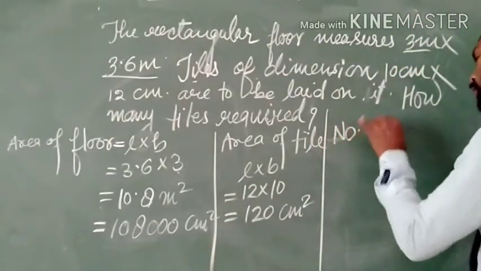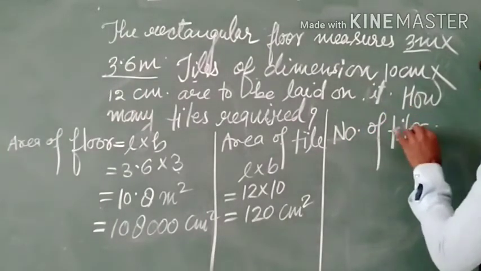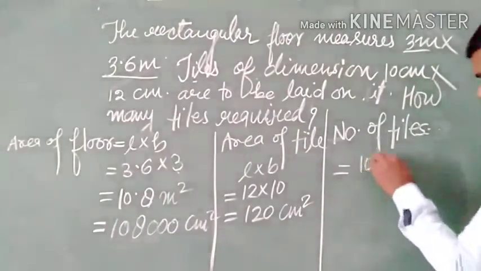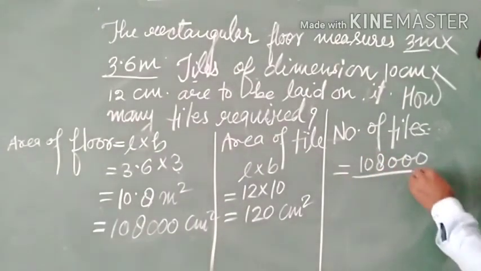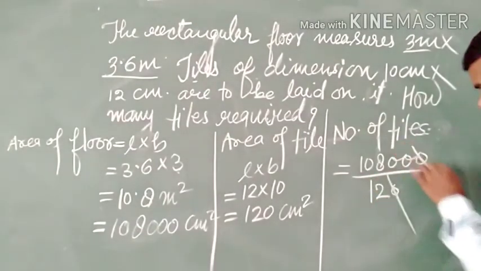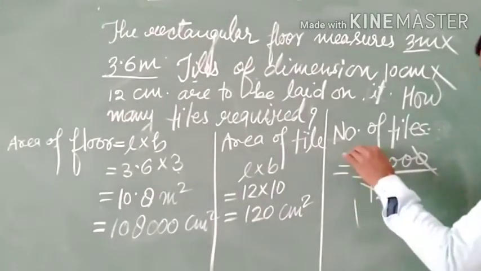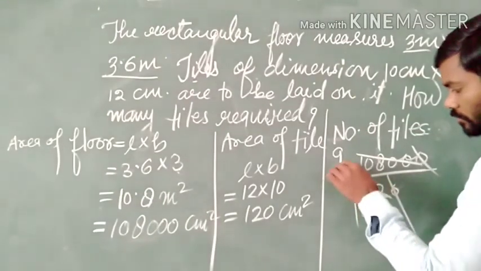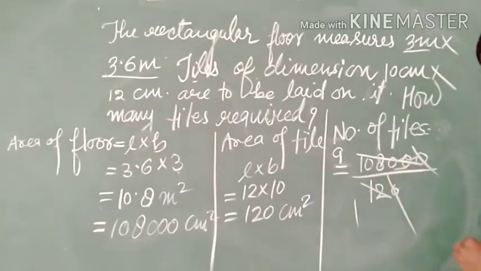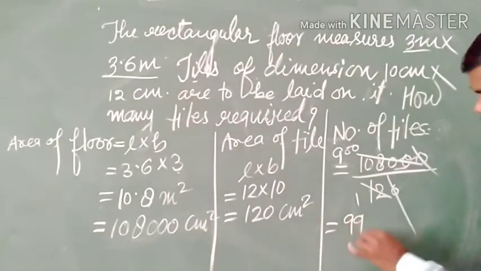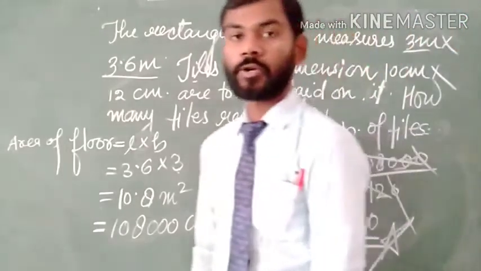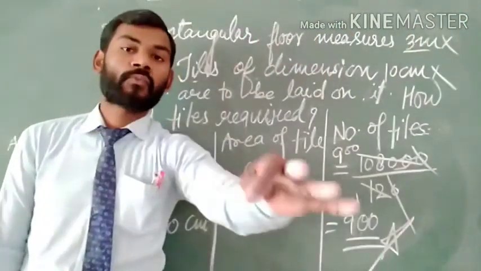Therefore number of tiles is equal to area of floor, that is 108,000, upon area of tile, 120. Here 10 and 10 cancel out, 12 9s are 108 and 0 remains, therefore this will be 900. Total number of tiles is 900. So 900 tiles are required to cover the complete area of the room.